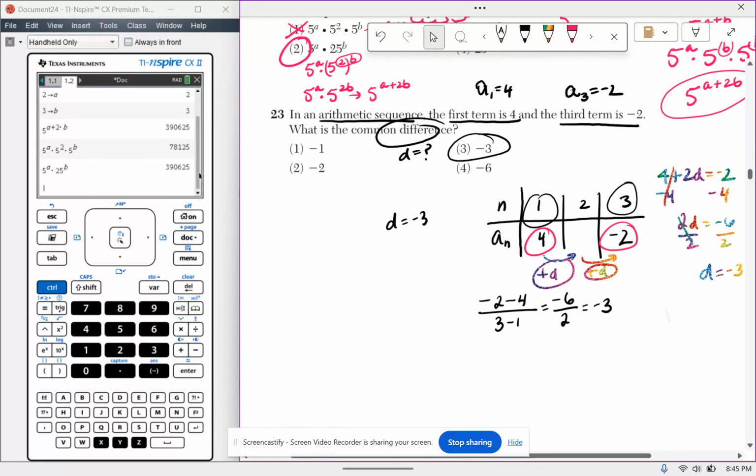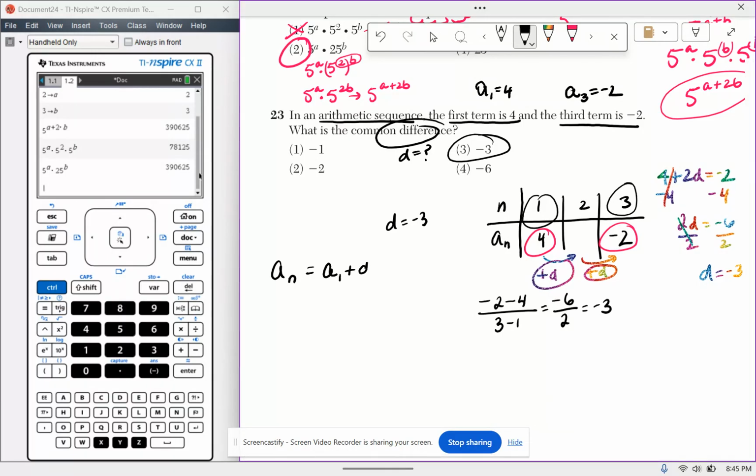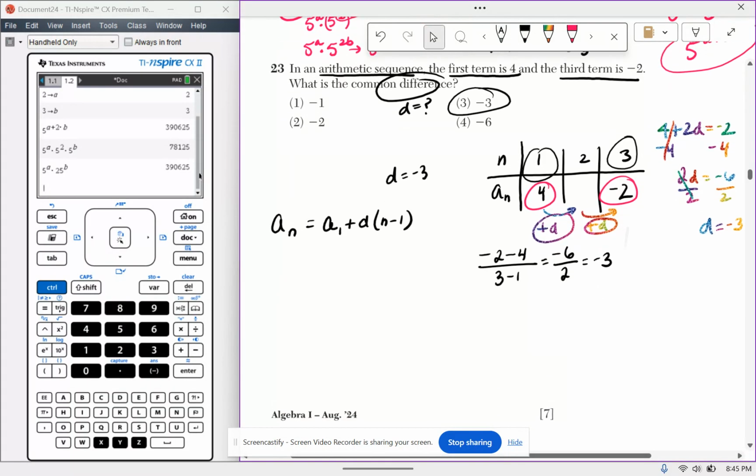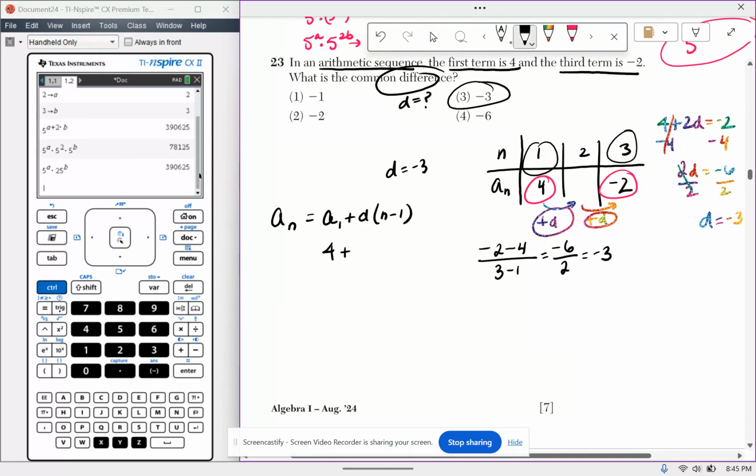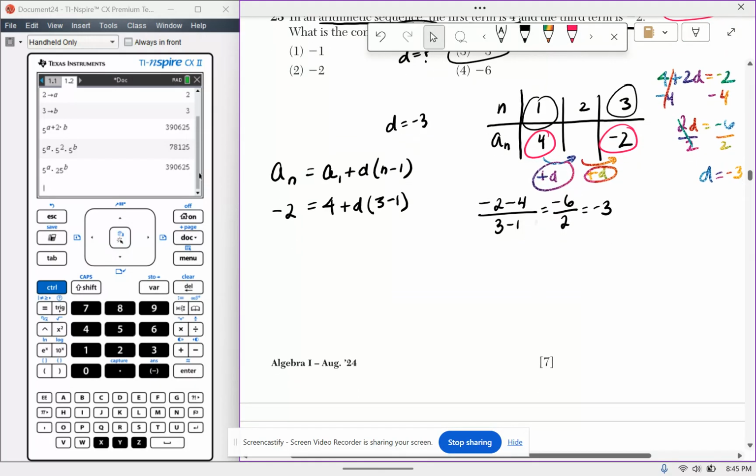Or actually, there's another way you could do it if you want. So if you want to start with the equation, right? And you're like, okay, I know the first term is 4, the common difference is unknown, and then I have the third term as my clue, and he's negative 2. This is the third term, so n is 3.